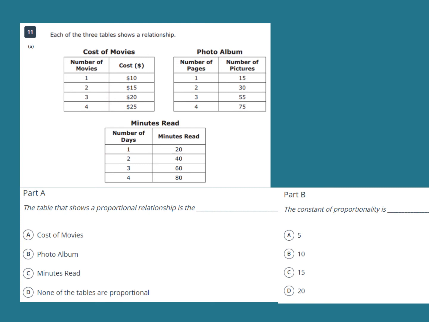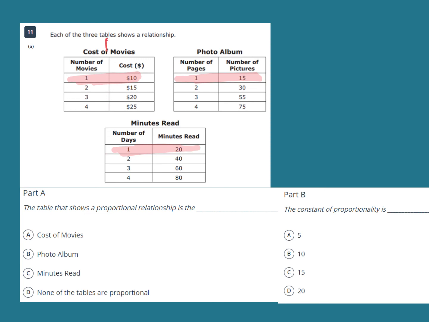Proportional relationship. So the first one, well, they make it easy for us because the unit rate for each of them is given. We don't even have to figure it out. They give us K. That was awful nice of them.